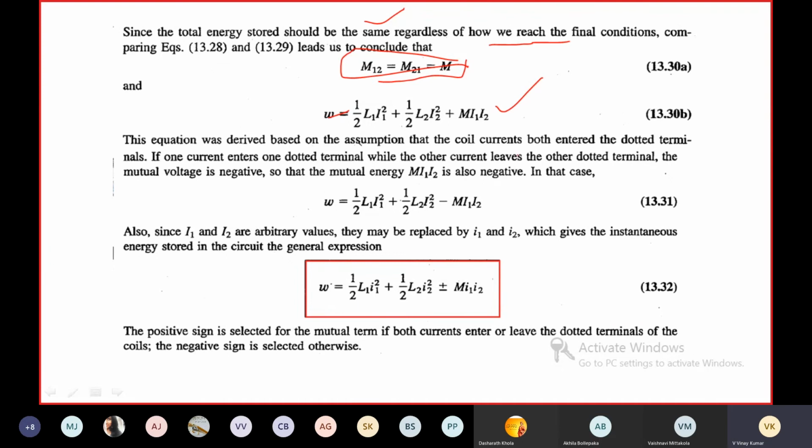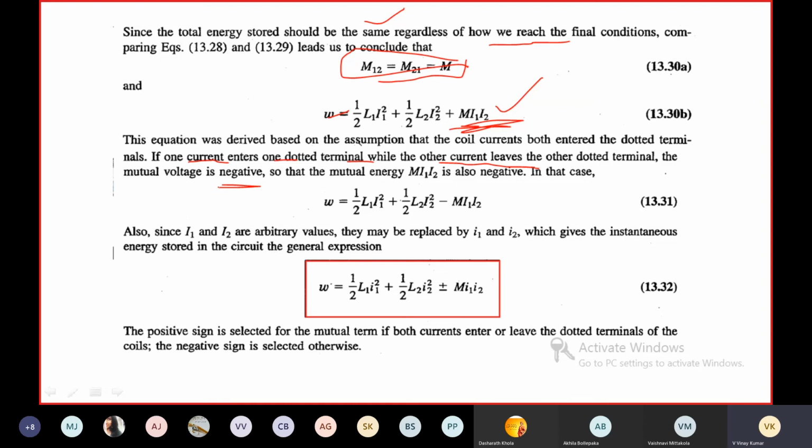Now, would this term be negative or positive? If one current enters one dotted terminal while the other current leaves the dotted terminal, the mutual energy M I1 I2 will be negative.